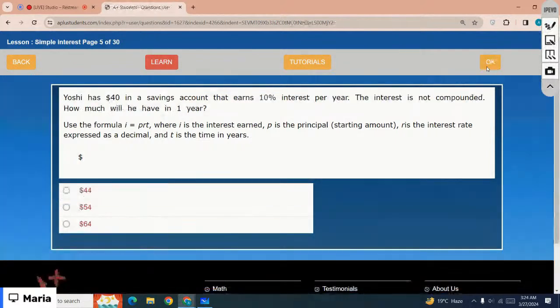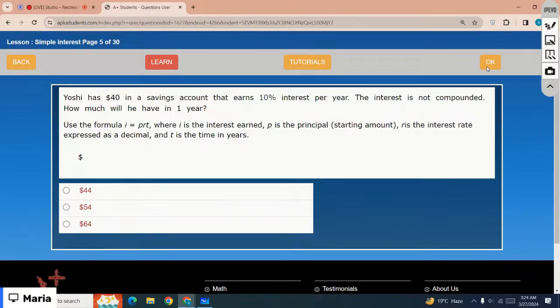Yoshi has $40 in a saving account that earns 10% interest per year. The interest is not compounded. How much will he have in 1 year? So, which is the correct option? Basically, you have to add the interest to the saving amount.